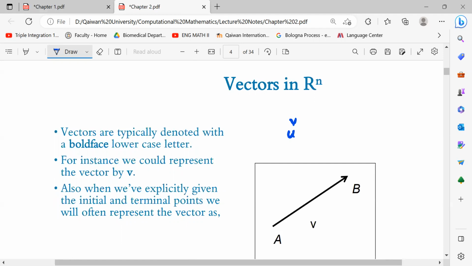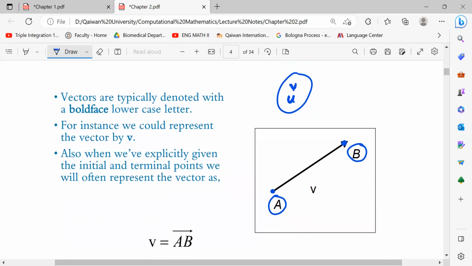We either can represent a vector by a lowercase boldface letter, or if the initial and terminal points are given, as this vector, this is A and this is B. The initial point is A and the terminal point is B. It starts from A to B. You could represent this vector by AB, or by a little v, boldface.